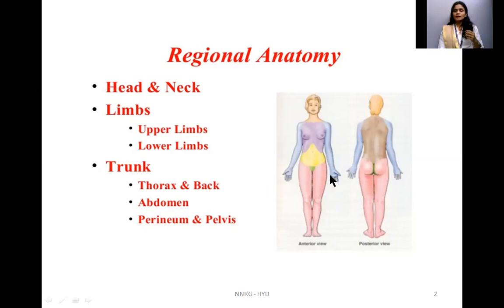So this green, yellow, purple, and brown color all together, that is thorax, back, abdomen, perineum and pelvis, all together they are called the trunk. So three regions they are divided: head and neck, then the limbs, that is hands and legs, upper limbs and lower limbs, and then the trunk, which includes the thorax, back, abdomen, and then perineum and pelvis. Okay, so this is about the regional anatomy.